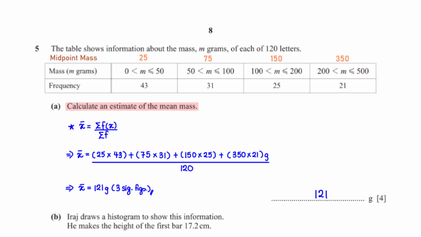So for sigma f of x, we have 25 times 43 plus 75 times 31 plus 150 times 25 plus 350 times 21 grams divided by the number of letters, which is 120. When we type this into the calculator, we get 121 grams rounded to 3 significant figures.